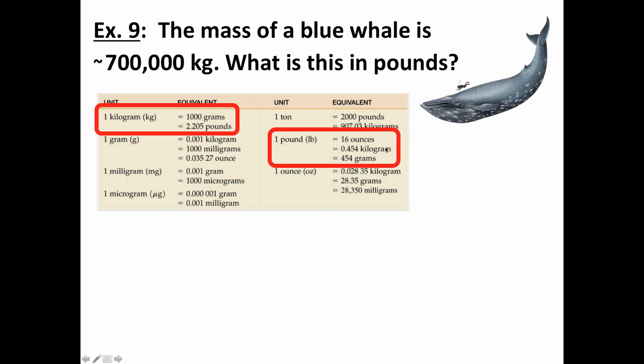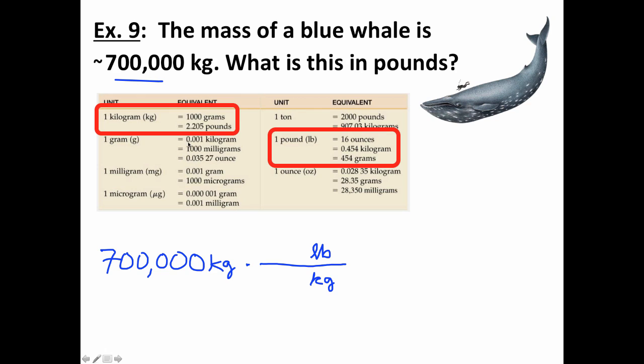or a pound is 0.454 kilograms. All right, so what we typically do is we say what we know for starters is it's a 700,000 kilogram blue whale. And then we would like to convert from kilograms into pounds, so we need to have kilograms on the bottom and pounds on the top of our conversion factor.